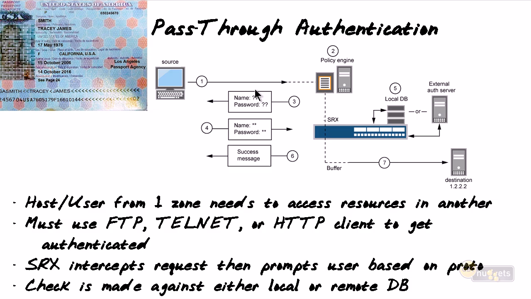Okay, so there's kind of a policy engine working here on behalf of the SRX. So it's asking for credentials, and there's only three ways that you can authenticate: FTP, Telnet, or HTTP. In other words, you can have an FTP window in a console or in a CLI of some type, a Telnet window, or it can be an HTTP page, which is a real basic page generated by the SRX that asks for a username and password.